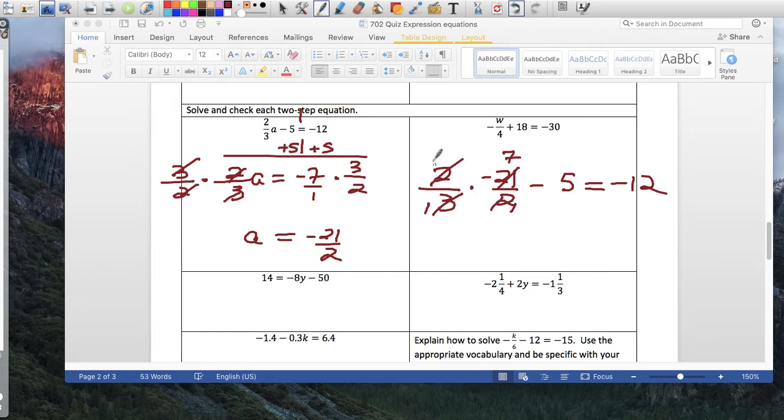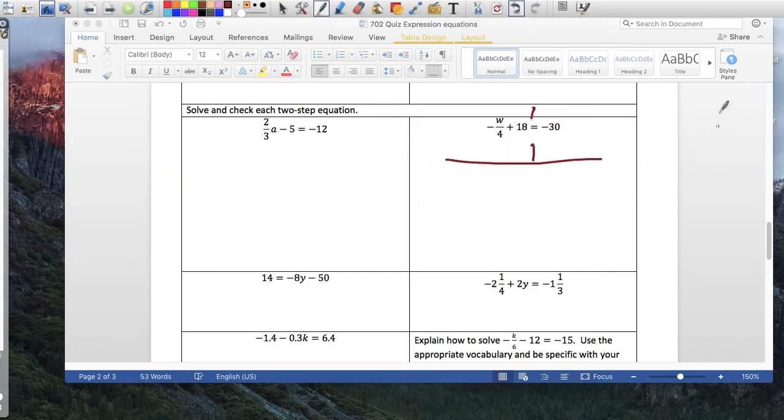These two will become 1 and 1, so 1 times 7 is negative 7, right? It's a negative, by the way, because this is a negative fraction. And then at the bottom, I'm left with 1, which I don't need to write. So I'm left with negative 7 minus 5 equals negative 12. And negative 7 minus 5 is indeed negative 12, which checks out as negative 12 on the other side.